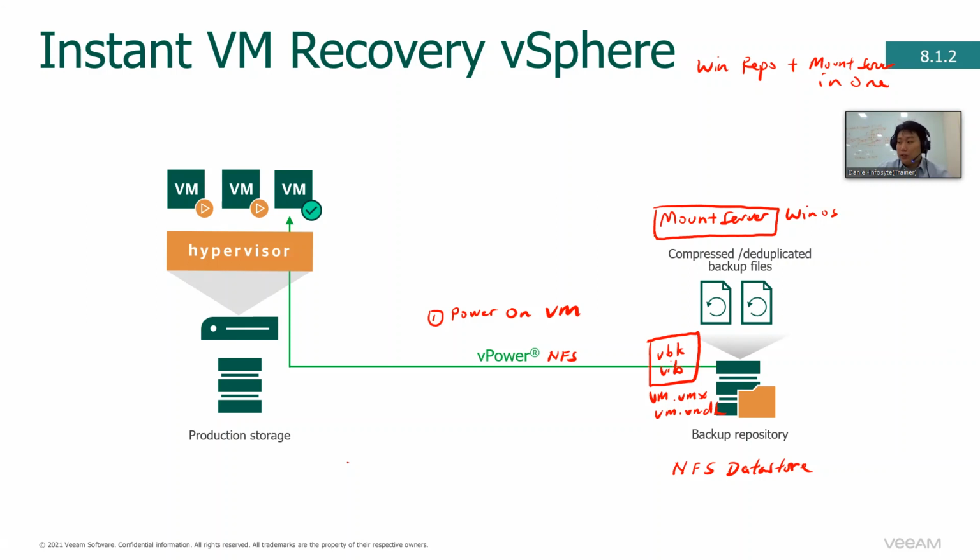This function is here to shorten the overall RTO for your service. I can resume my service as soon as possible, but your backup data is still inside your backup repository. Now you're running with compressed and deduplicated data. Yeah? Your performance for this virtual machine will usually be lower. Because why? Over here, we are maybe using a LAN connection for sync.